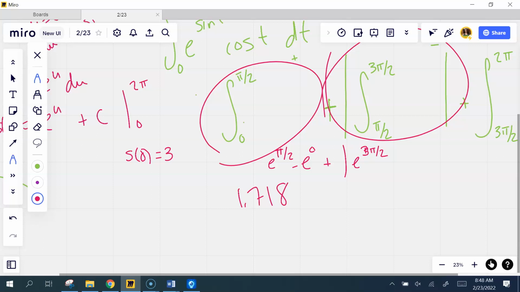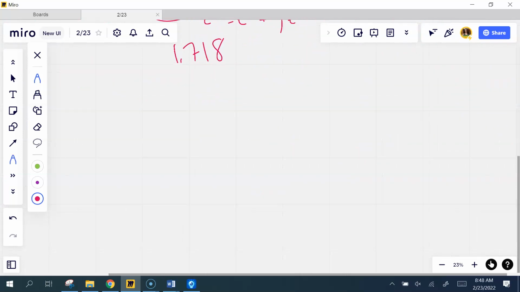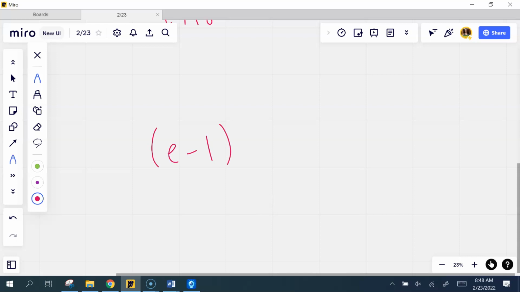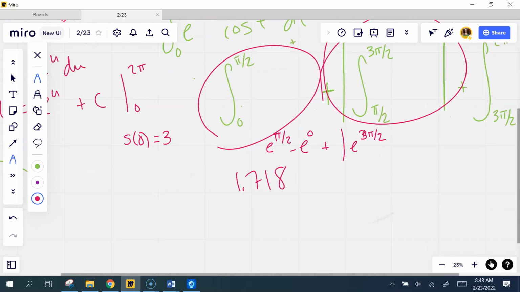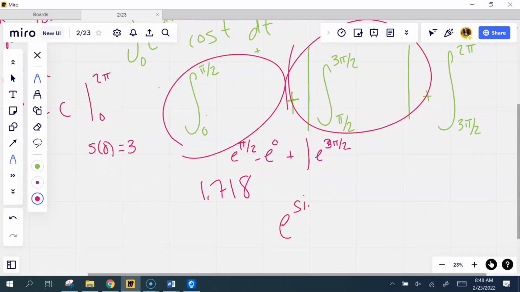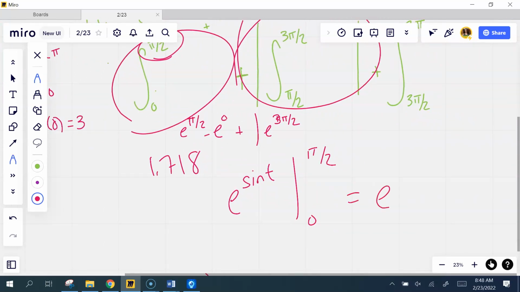Well, that's already simplified because they did upper bound minus lower bound. So they have e minus 1, right? Is that the subtraction you're asking about? Okay, because what they did was, if you've got your e to the sine t, and you plug in pi over 2, so if I evaluate this from pi over 2 to 0, you do upper bound, so e to the sine pi over 2 minus e to the sine 0.